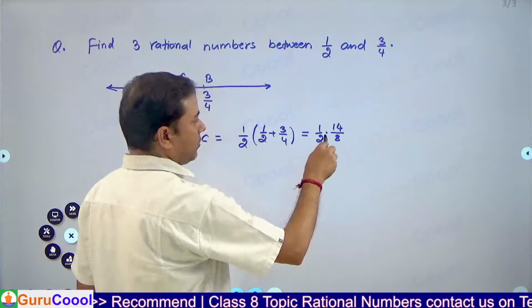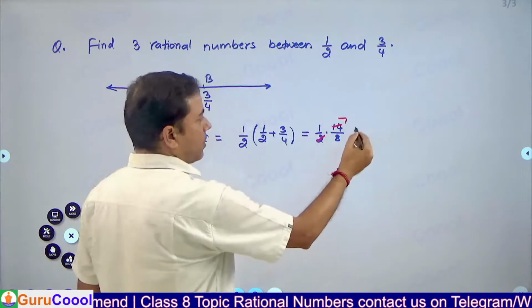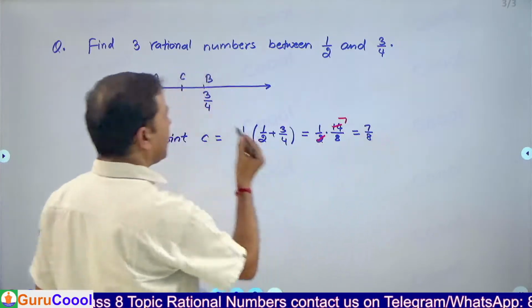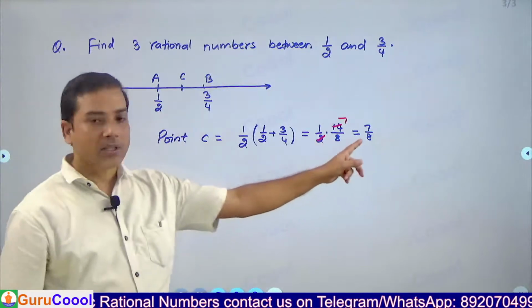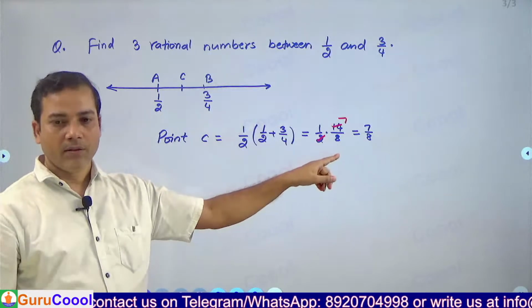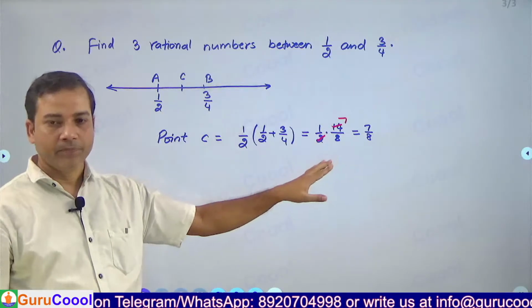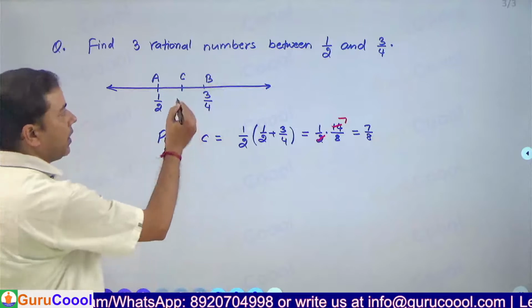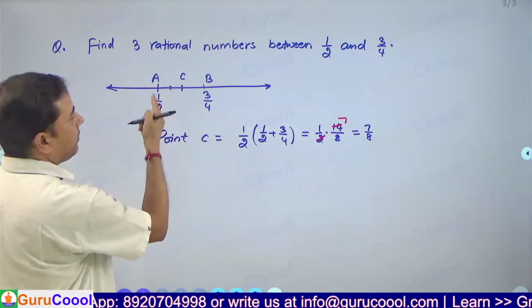Now cancel out wherever possible, 2 sevens are 14. So we get 7/8. That's the mid number we got. So the first rational number between them is 7/8. Correct? Yes, sir.